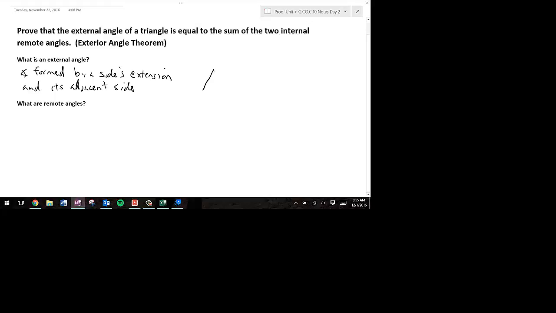A pictorial example is if I have this triangle and I extend out this side, this right here would be my external angle. Then we have this idea of remote angles. The remote angles are the internal angles that are non-adjacent to our external angle.